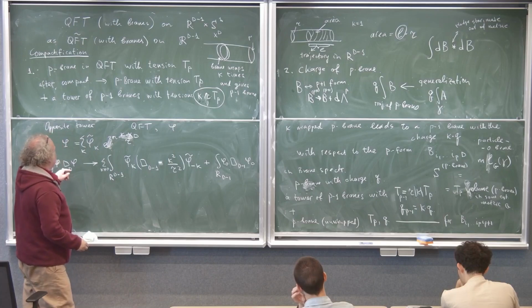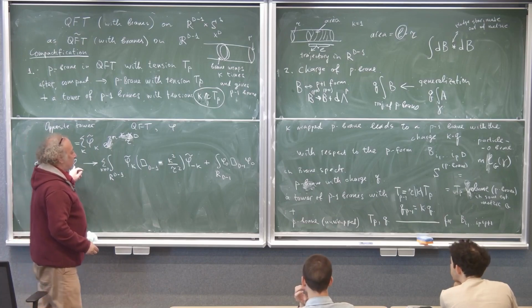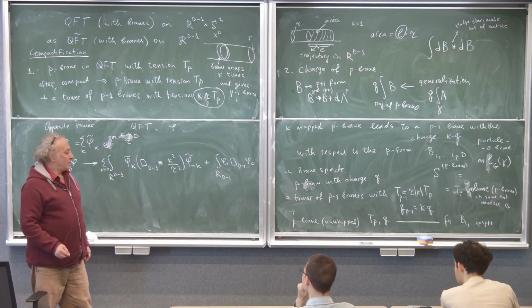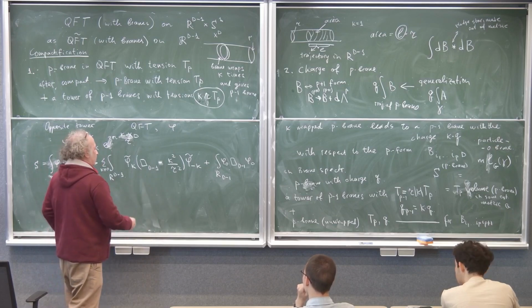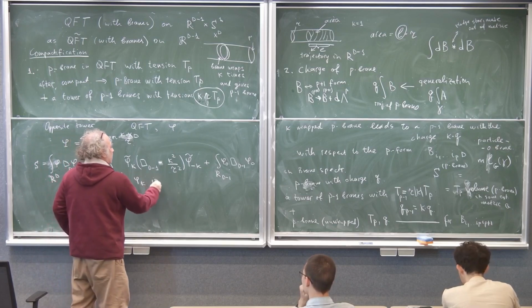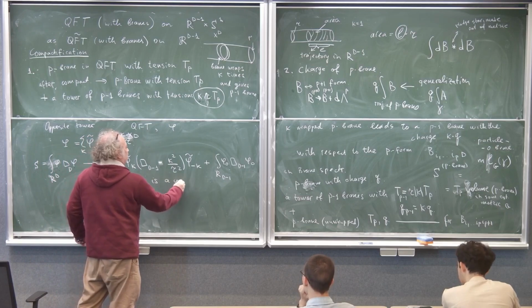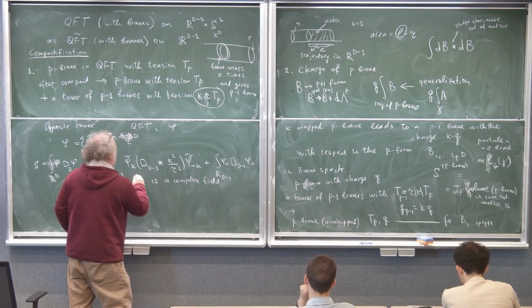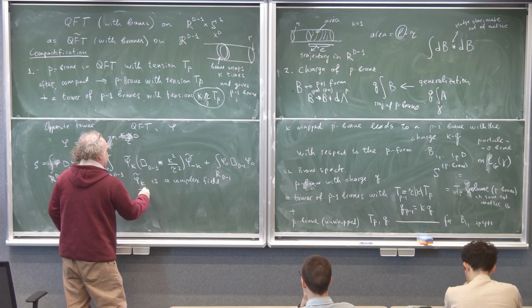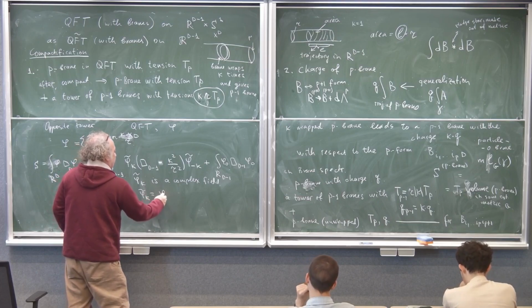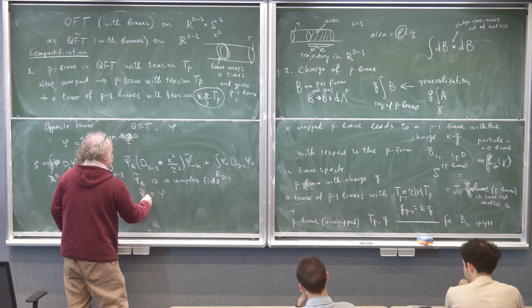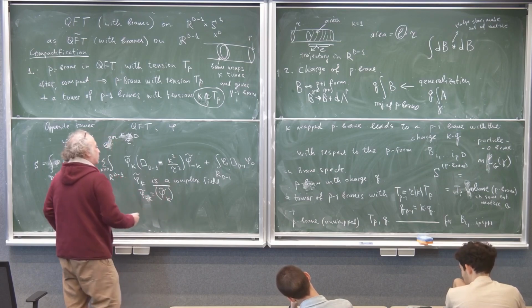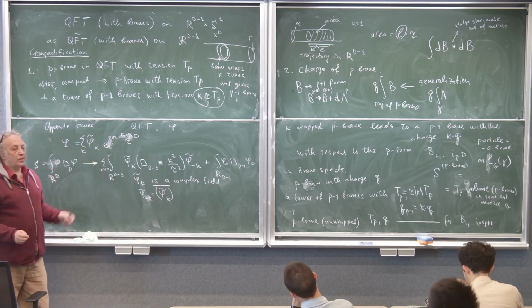So say for a scalar field, I get a tower of scalar fields. Phi_k is a complex field. Phi_(-k) tilde is phi_k tilde complex conjugate, as is clear from the Fourier expansion.